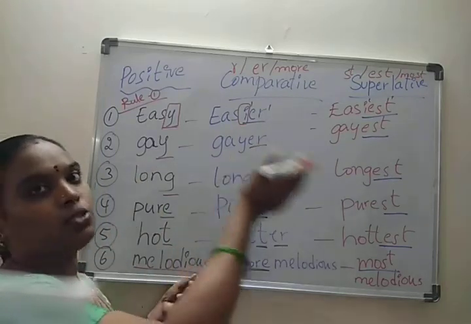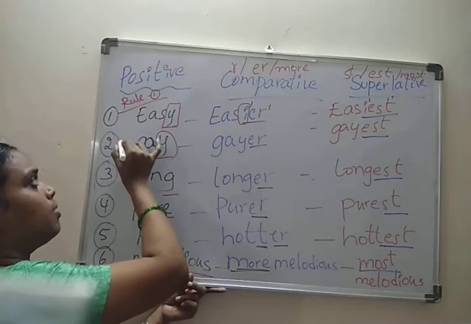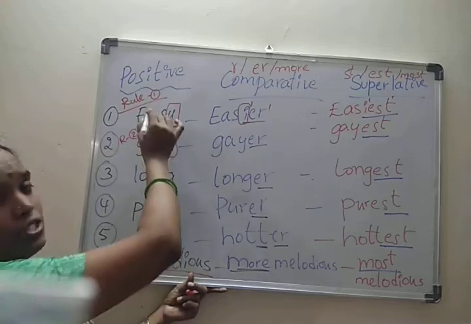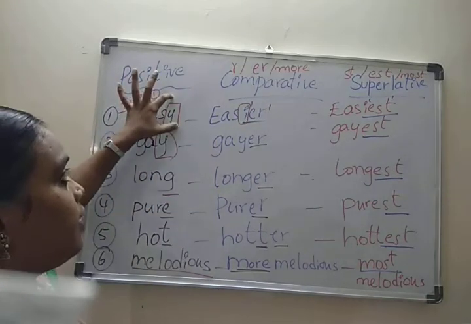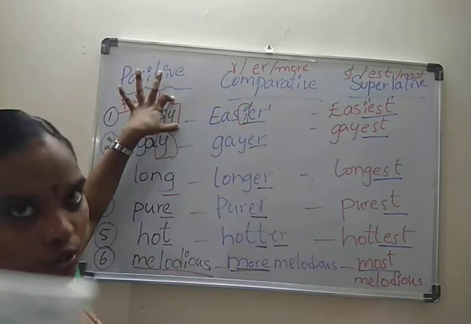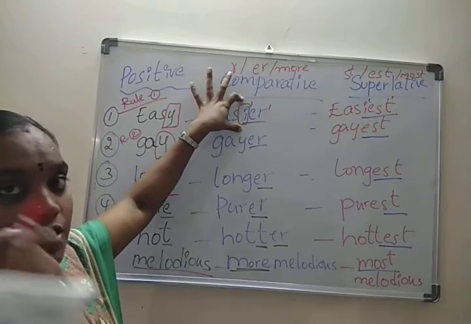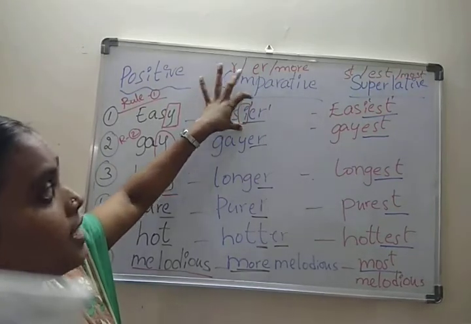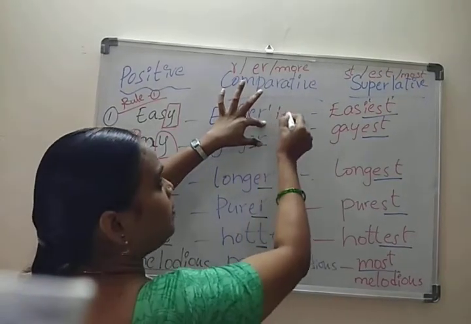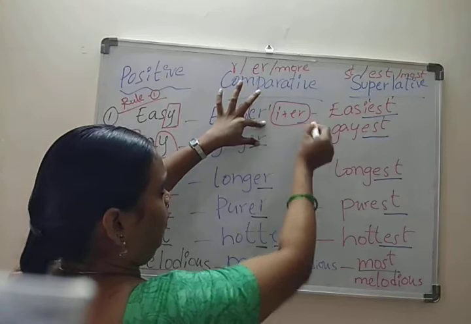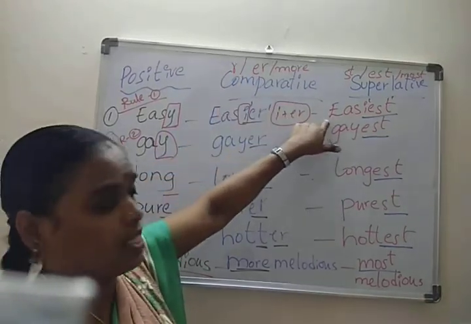So next rule. This is rule number 2. Did you understand the first rule, children? The first rule is whenever the word ends with a consonant, Y changes into I, next add ER. I plus ER. This is the formula.